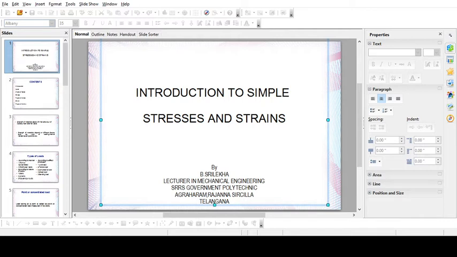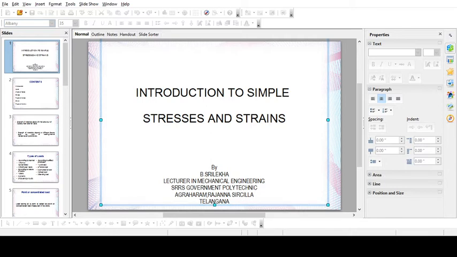A UDL will be something like, a load of 2 kilonewton per meter is distributed over 10 meters. Then we'll consider that 10 meters length of the space is completely covered by this load of 2 kilonewton per meter. Likewise, this load is spread to a certain region.